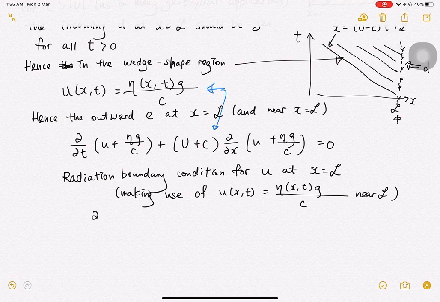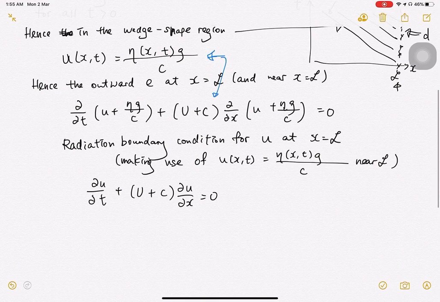Would be u, partial u partial t plus u plus c partial u partial x.